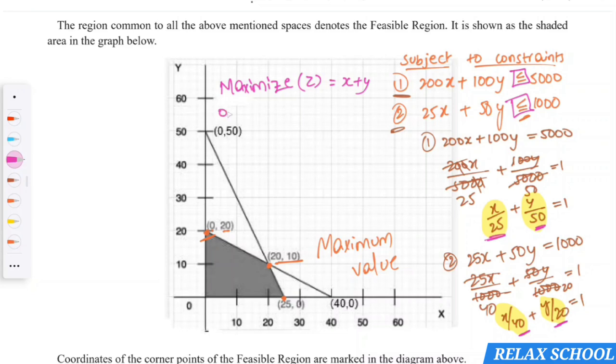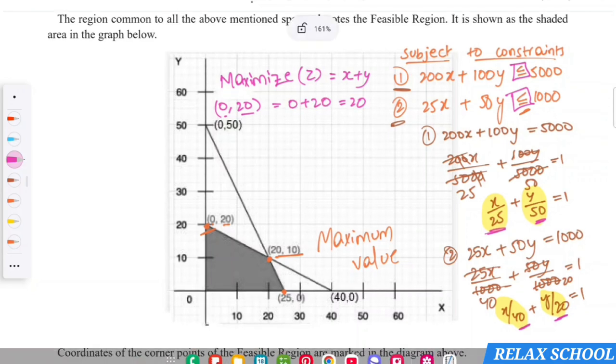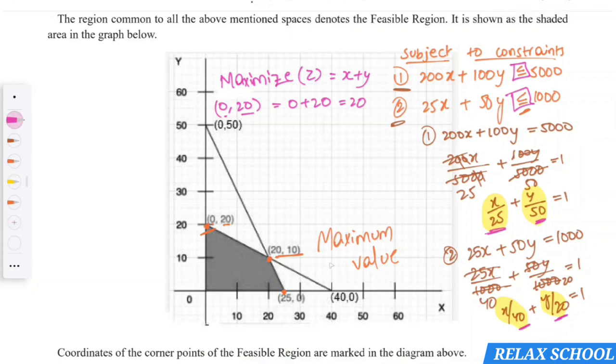So for the first coordinate, let us take 0, 20. Yes, x was 0, y was 20. So 0 plus 20, which was 20. The second coordinate, let's just take 20, 10. X it was 20, y it was 10. So 20 plus 10, which was 30. The next coordinate is 25, 0. For x it is 25, for y it is 0, which was giving us 25.